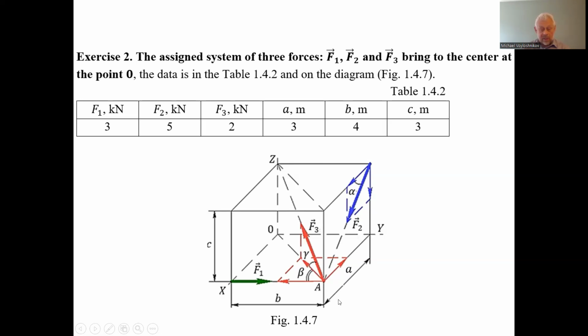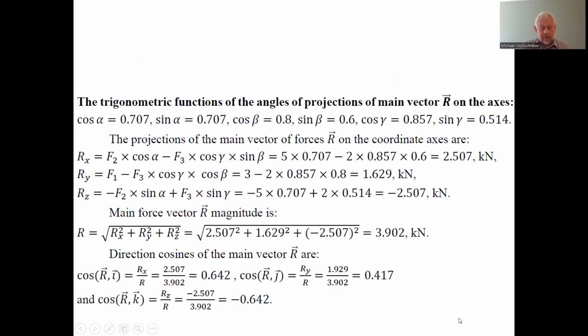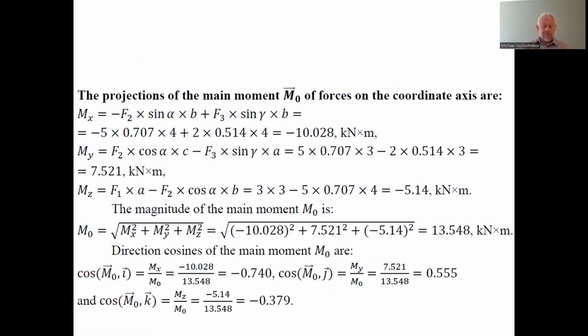Considering the direction, we can use arm. The second case is B, for this horizontal is A. And the vertical applied here gives us zero projection of the moment of the vertical component relative to the z-axis. So we can find all components of the main vector relative to axes x, y, z.